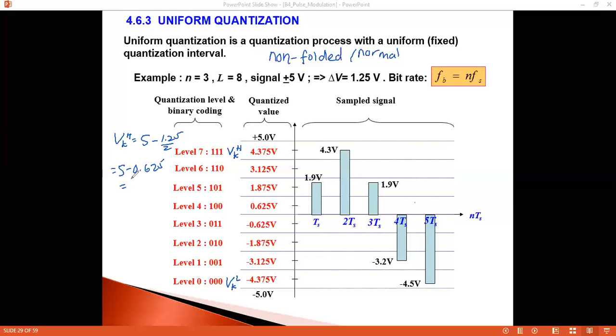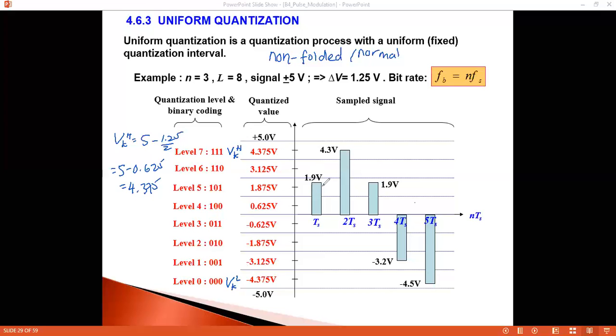Okay, so you get the same answer, 4.375. So that's why I say either way, whether you use the formula right away or you add delta V from the bottom until the highest level, you should get the same value, 4.375.